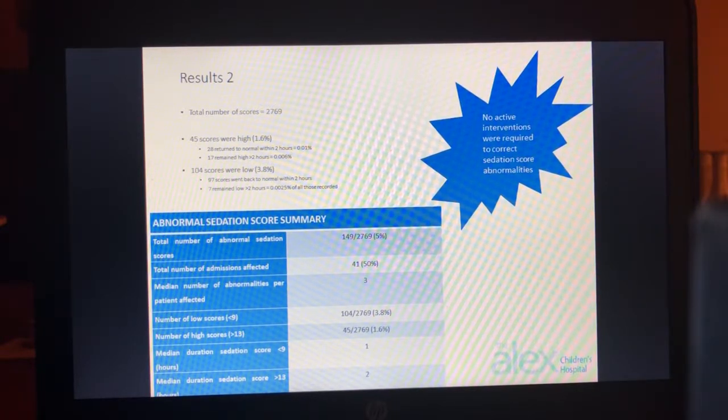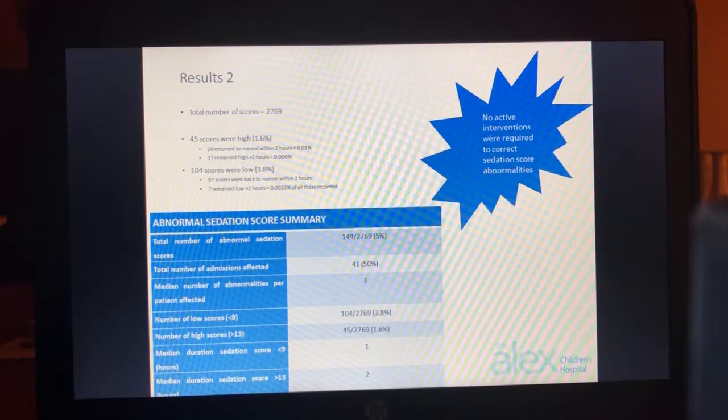And in fact, only 45, so 1.6%, of the scores were noted to be high, so greater than 13, which is the upper limit of the score, and half of these returned to normal within a couple of hours without any intervention.